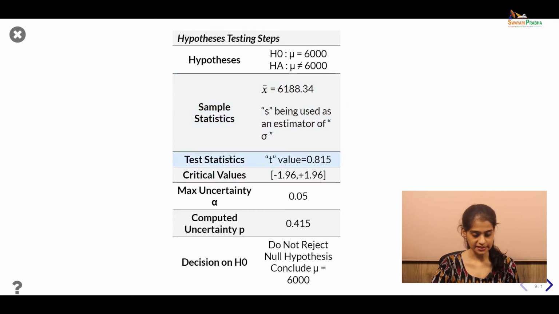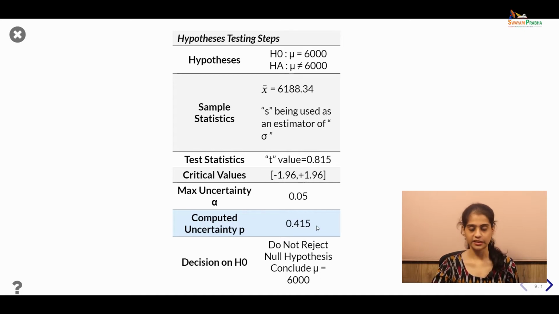The test statistic that we computed was the t statistic with a value of 0.815, and the critical values turned out to be plus or minus 1.96. The maximum uncertainty was again fixed at 0.05, and the computed uncertainty turned out to be 0.415. Depending on all these values, we need to come to a decision on whether we are going to reject the null hypothesis or fail to reject the null hypothesis.